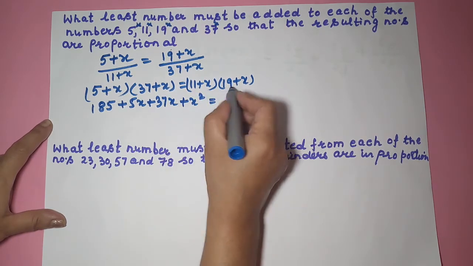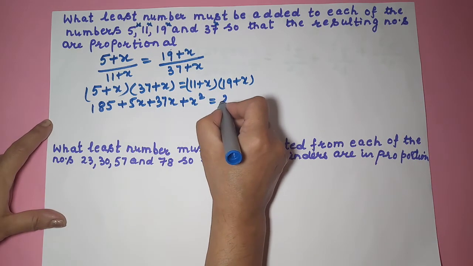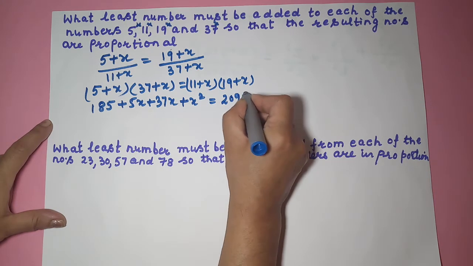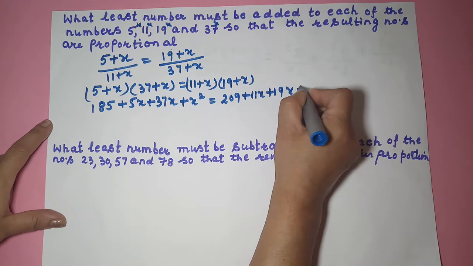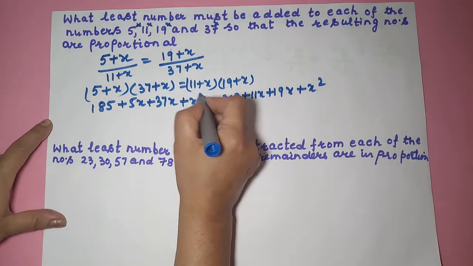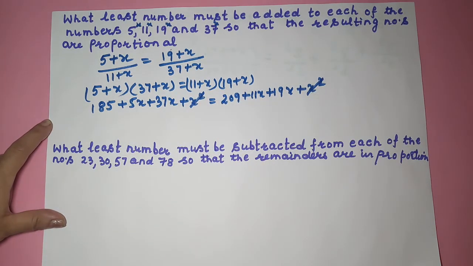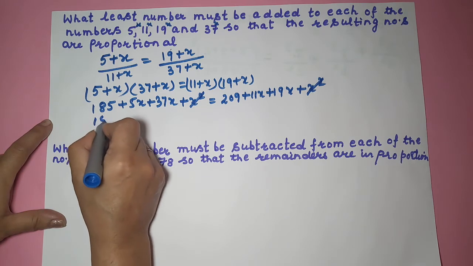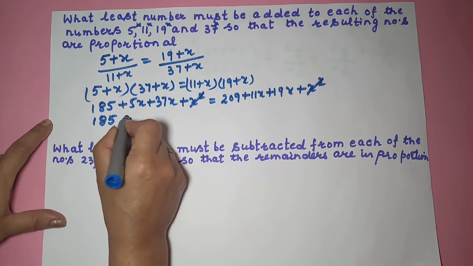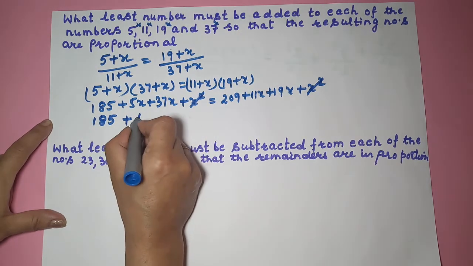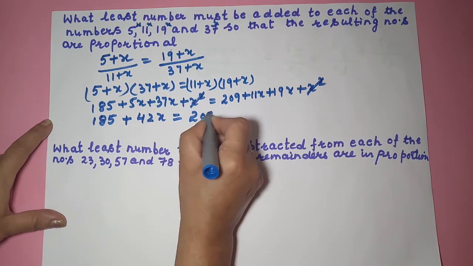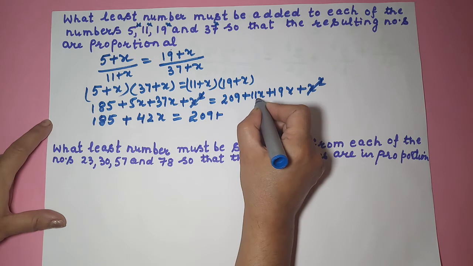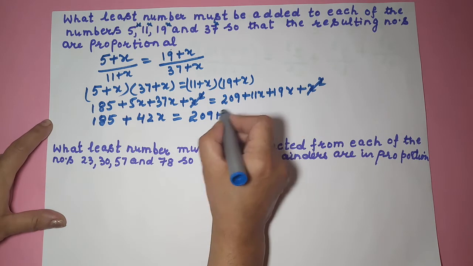Similarly here 11 into 19 is 209 plus 11x plus 19x and then plus x square. x square and x square will go. So I am left with 185 plus 37 plus 5 is 42x equal to 209 plus 11x plus 19x is 30x.